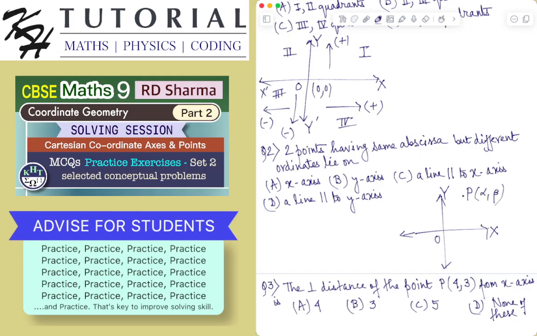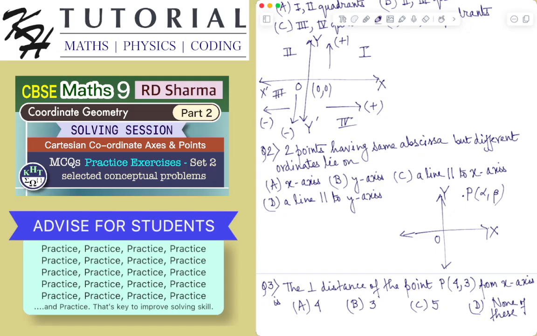Now if I consider any other point having the same abscissa alpha, then since the point P is to the right hand side of the y-axis, the other point Q will also be to the right hand side, at the same distance alpha from the y-axis.